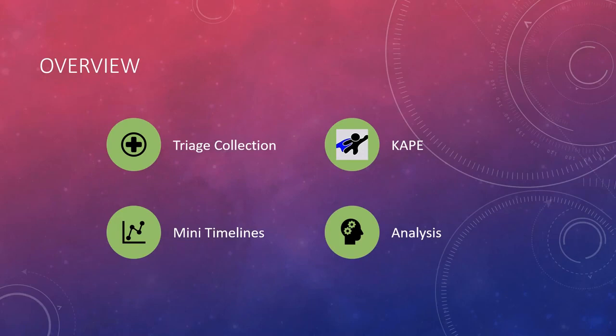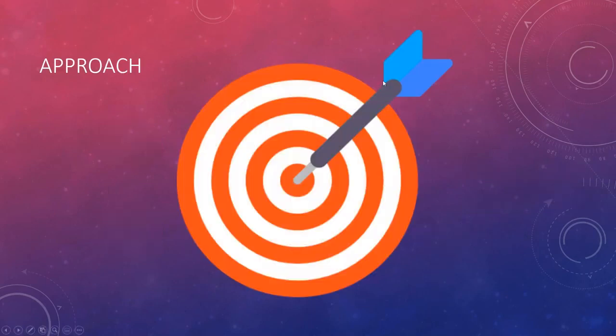If you're not familiar with Kabe, it is a tool written by Eric Zimmerman, who is also a SANS instructor. I am not going to be doing a deep dive into Kabe, but I will go over some of the basics to show how it works and how to leverage it to do timelining.